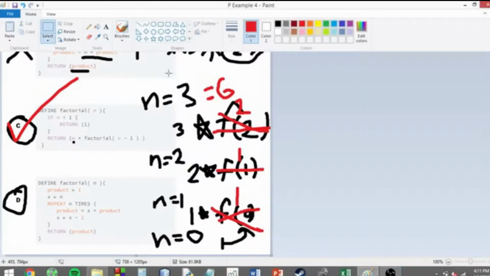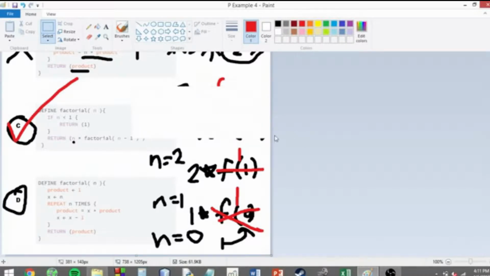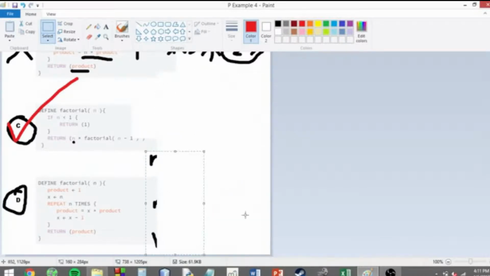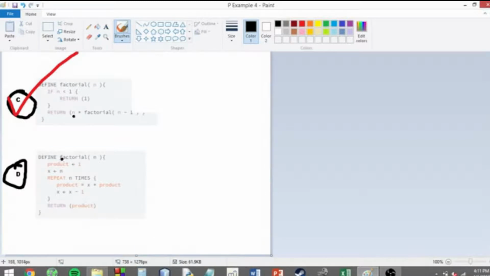And we can work out this last one now, where we're going to have factorial of n. So that's still n equals 3. The product equals 1. X equals n, which is 3.